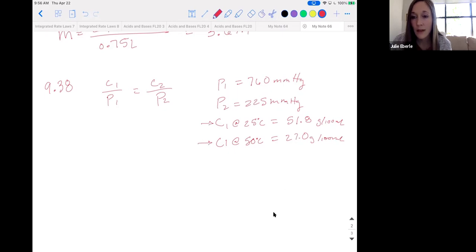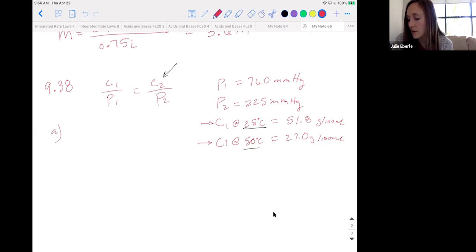Remember, as you increase temperature, the solubility of a gas decreases. Gases are most soluble in liquids when it's cold and least soluble when it's hot. We're solving for C2, but we have to do it twice. They don't tell you that. They want the C2 at 25 degrees and the new C2 at 50 degrees, but we'll work it the exact same way.